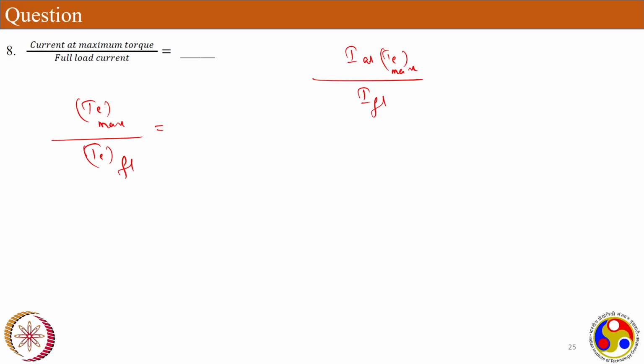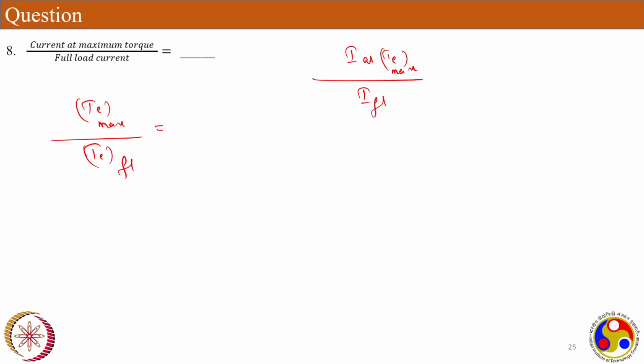So I at T max square multiplied by R2 by S, where S is the slip at which maximum torque occurs, 0.16, and the full load current square multiplied by R2 divided by the full load slip, 0.0429.